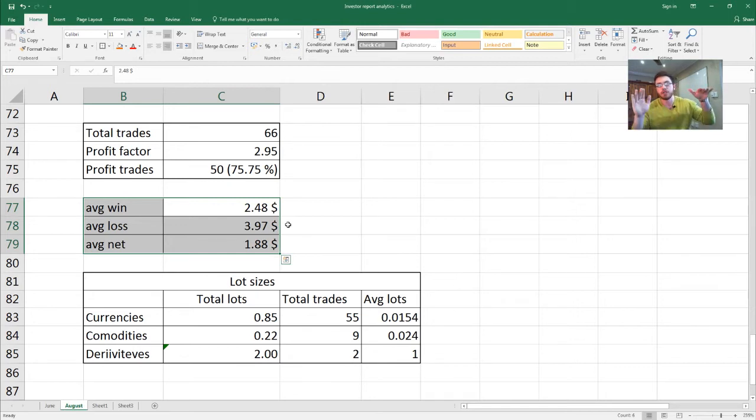Now, what you've done is you've reduced your exposure by 75%. So you've reduced it from 0.04 to 0.01. You've taken 3/4 of your exposure off, but your performance is still the same.